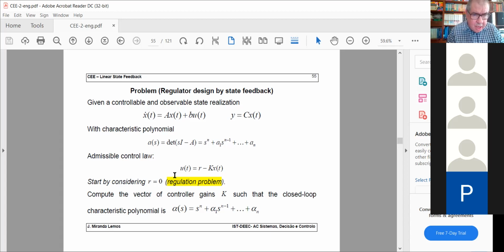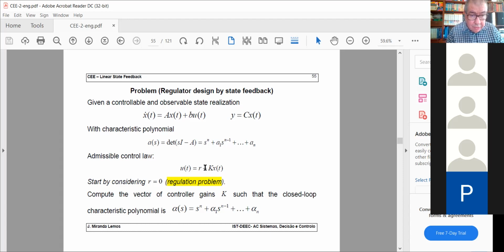And your admissible control law is a reference minus a vector times x. Well, this vector, if u is a scalar, this vector must be of what dimension? Row or column? Column?